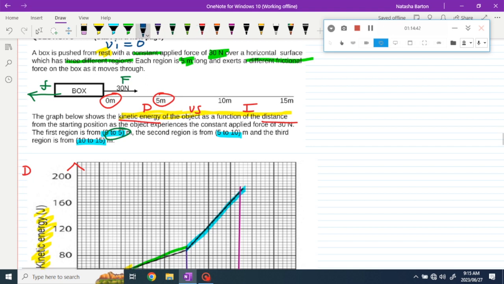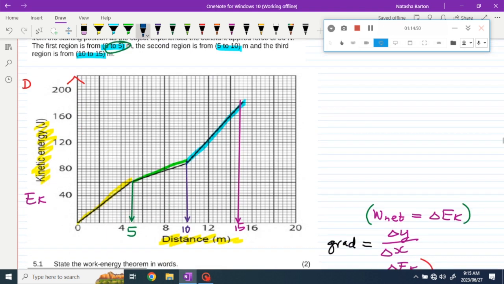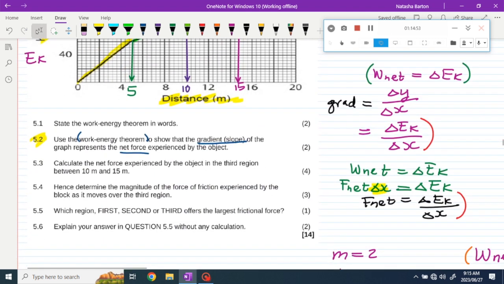If I say calculate the gradient of the blue line, that gradient is the net force from there to there. The gradient has an actual meaning. It's a physical quantity which you can obtain by manipulating the formula. If you show anything of this sort, you're going to get 2 marks.